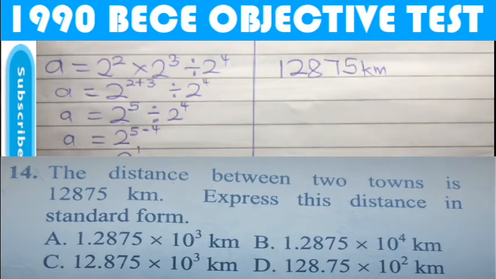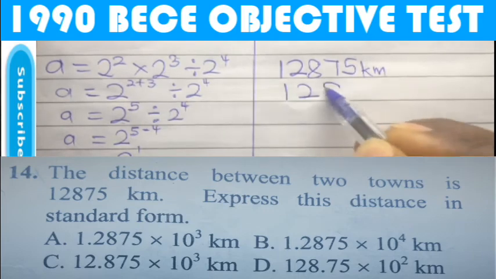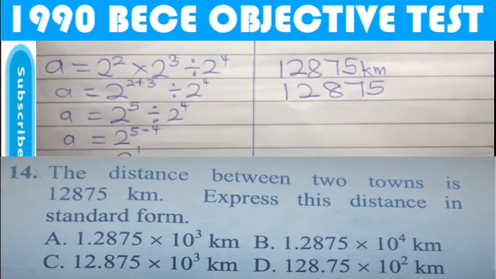Note this: whenever you are expressing a particular number or value, distance, any value in the standard form, you are leaving that value in a form that will have a whole number part and a decimal number part, and it is written using the powers of 10. All right, so with this value, 12,875, let's take it for instance.